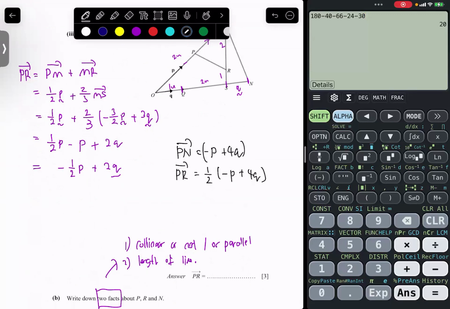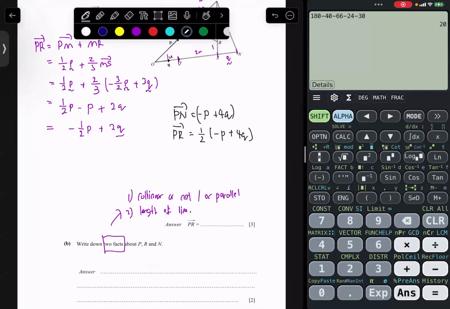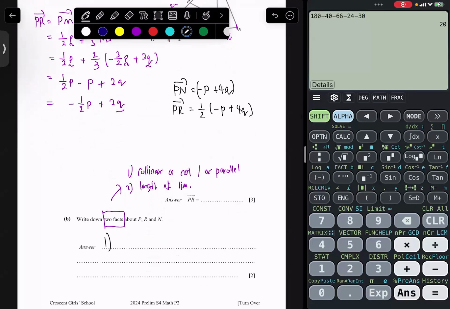So that means that PR and PN are collinear as they are parallel and have point P as a common point.